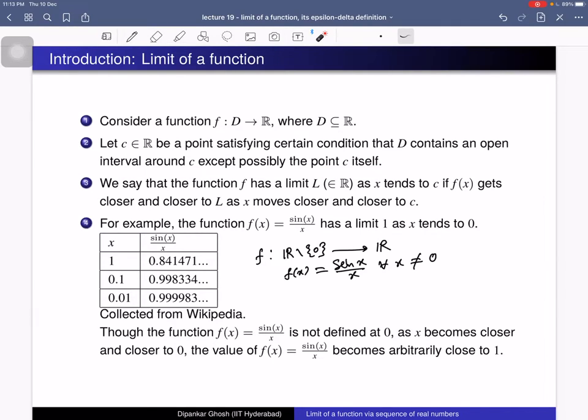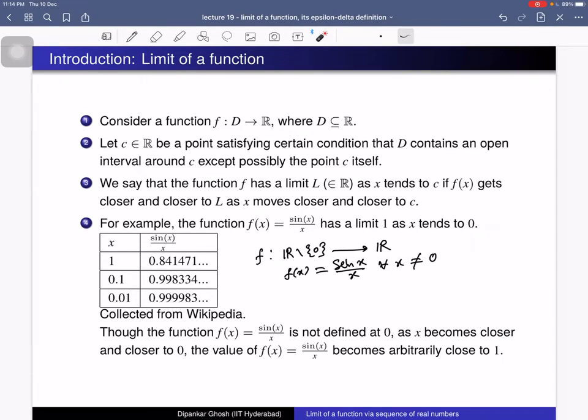In this case we can talk about the limit of f at x equal to c. We say that f has a limit, some real number L, as x tends to c, if the function value f of x gets closer and closer to L as x moves closer and closer to c.